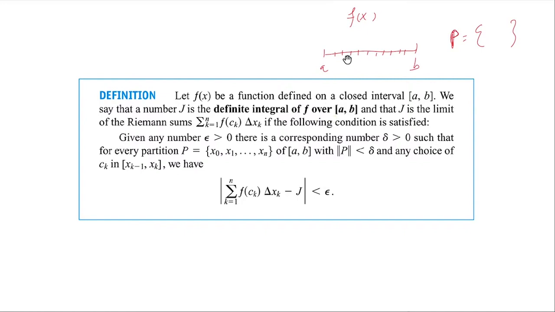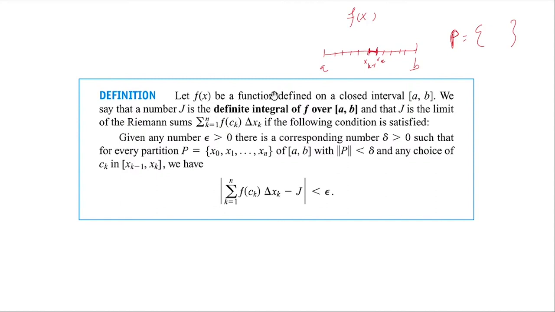That's up to us, and we can find out the value of the function at that point. This is the value of the function at point ck, multiplied by del xk. For example, let's say this is your xk minus 1 and this is xk. Del xk means the width of this subinterval. So this is called the Riemann sum.